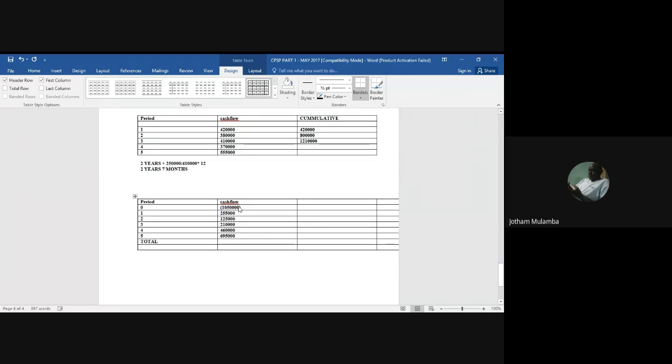In this table, we'll do away with year 0, since we don't have year 0. Instead, we'll add a cumulative column. For year 1, as usual, 255,000. For year 2, it's 125,000 plus 255,000.